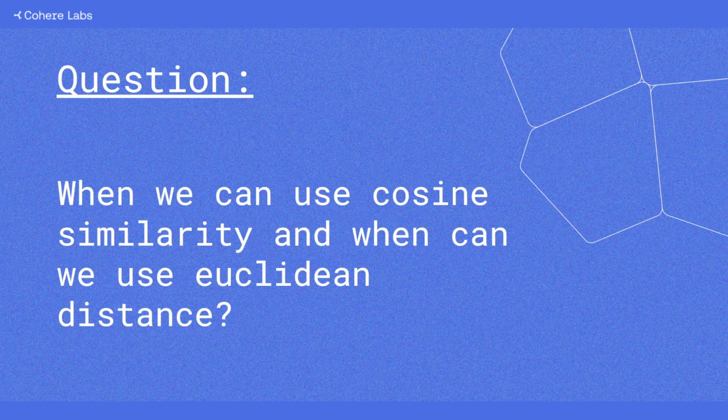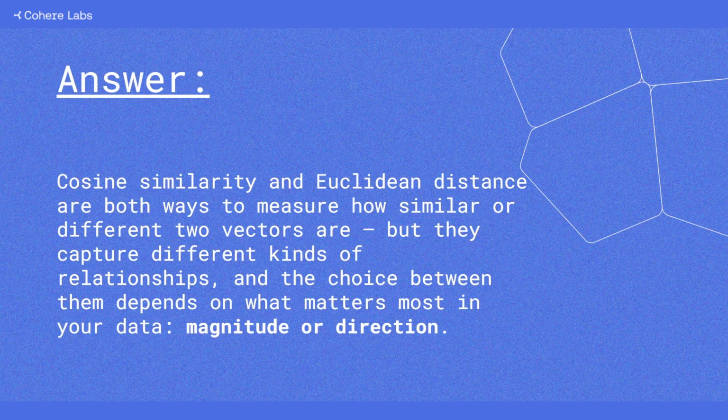So this is often a question that I've heard a lot: when do we use different types of distance metrics? Just a caveat, there are multiple different types of distance metrics. In my experience, these are the two that I've seen come up most frequently. So let's dive into this. Cosine similarity and Euclidean distance are both ways to measure how similar or different two vectors are.